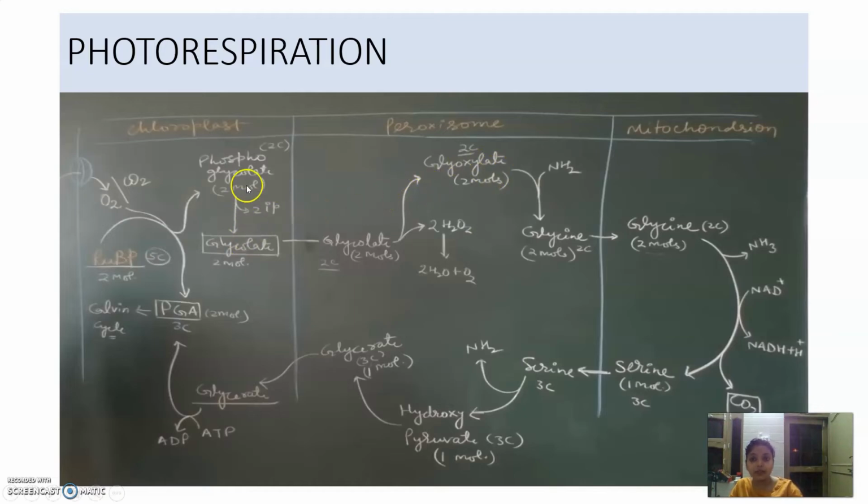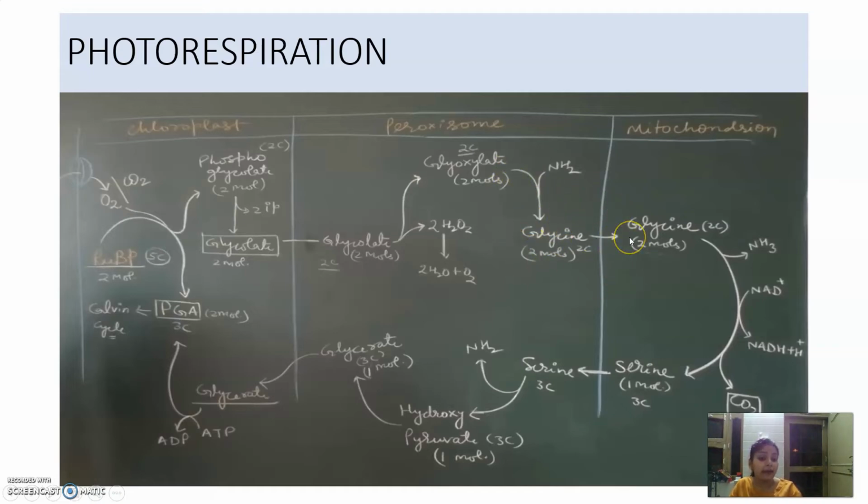Here, the phosphoglycolate converts into glycolate, which enters the peroxisome from the chloroplast. The reaction of photorespiration initiates in the chloroplast. Then the glycolate enters the peroxisome, where it converts to glyoxylate. Then it undergoes amination, forming glycine.